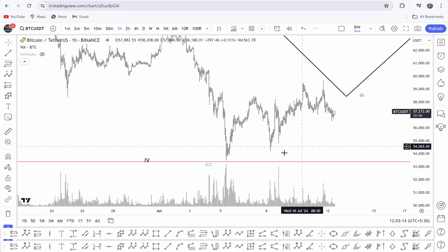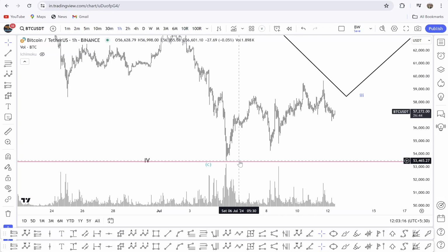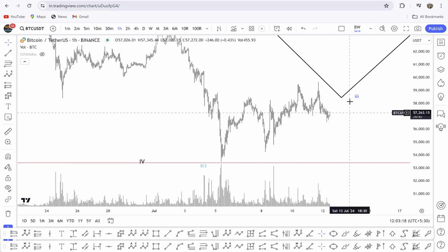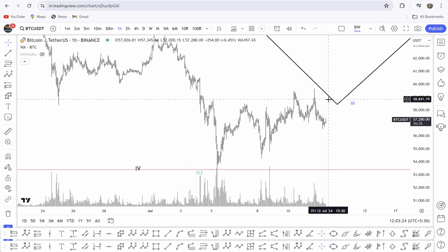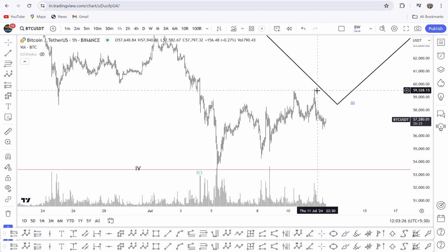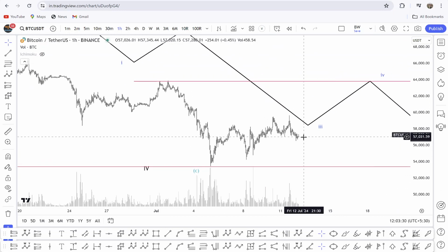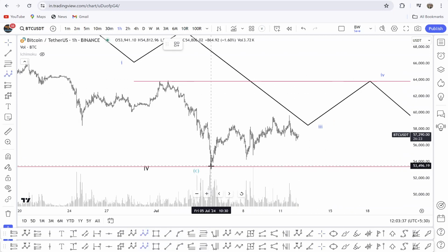So we will confirm it in this week or next week. What about this cycle? It's the second wave or third wave. If we close above this level, 59,600, then I will see it as a third wave.